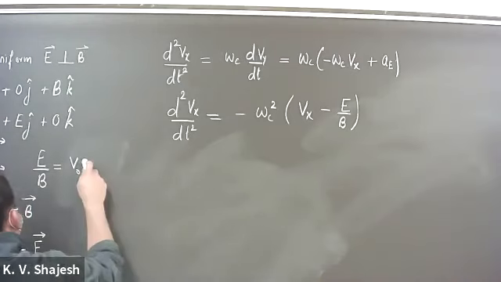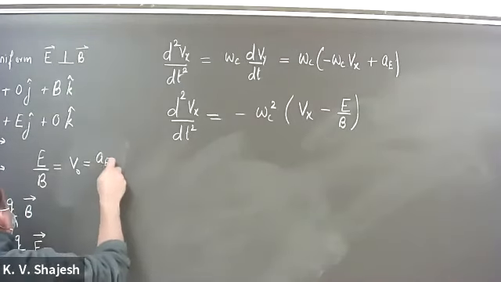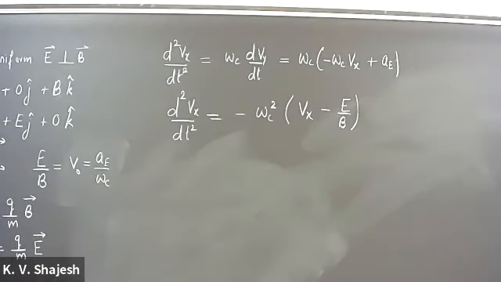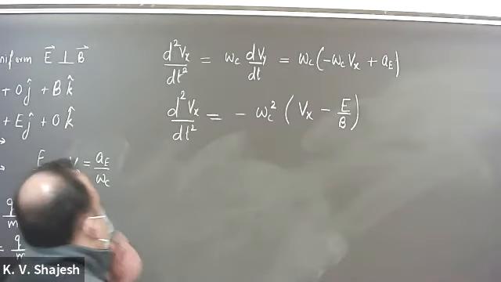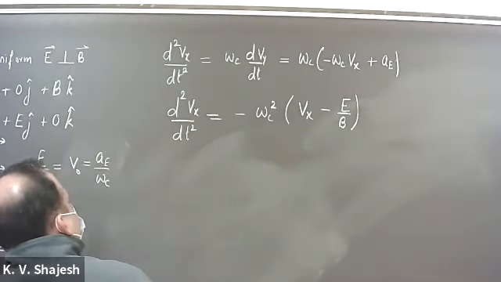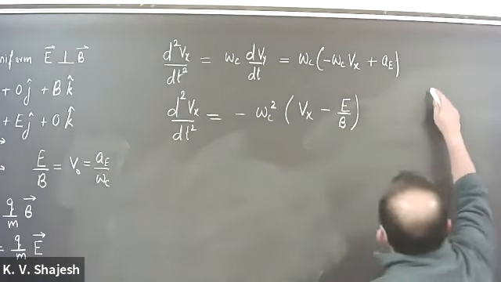Remember, eE over omega c is E over B. That's our first equation. The second equation, I can actually rewrite, so let me do something immediately.